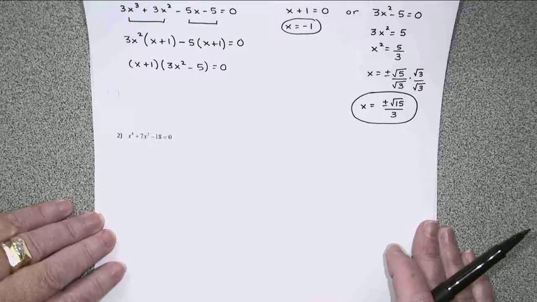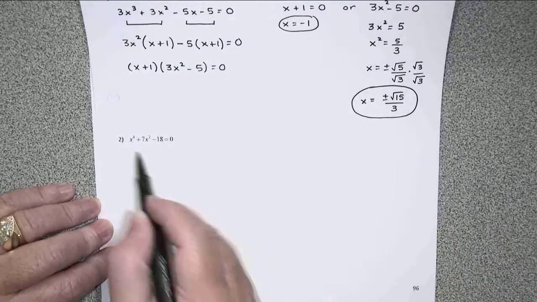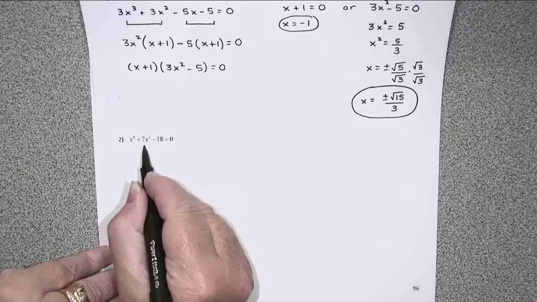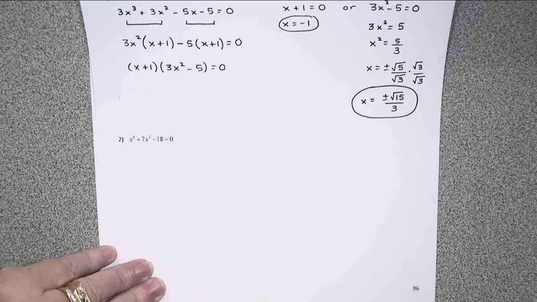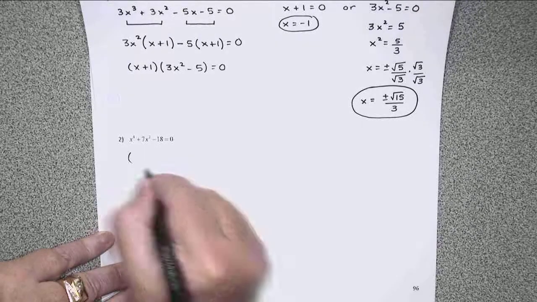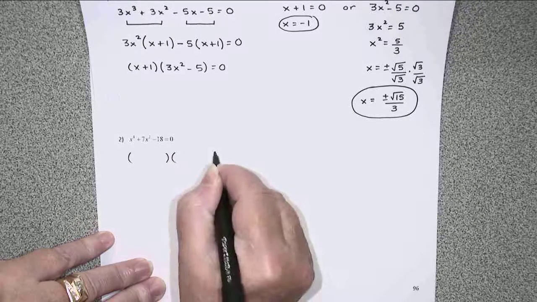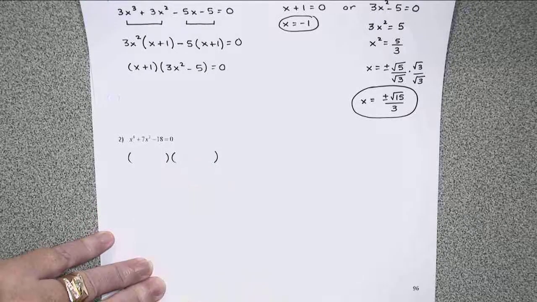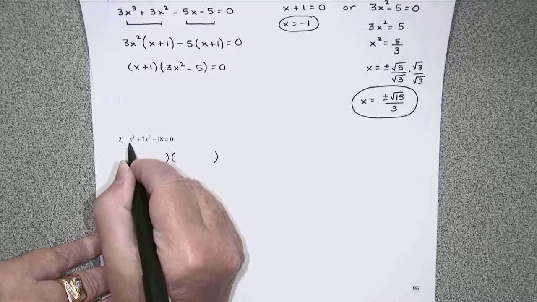In this problem, we actually have a 4th degree polynomial, x to the 4th plus 7x squared minus 18. It is a trinomial, meaning that product and sum is our usual technique. 3 terms. Oh, and I should have pointed out, it's already equal to 0, so I didn't have to do that.